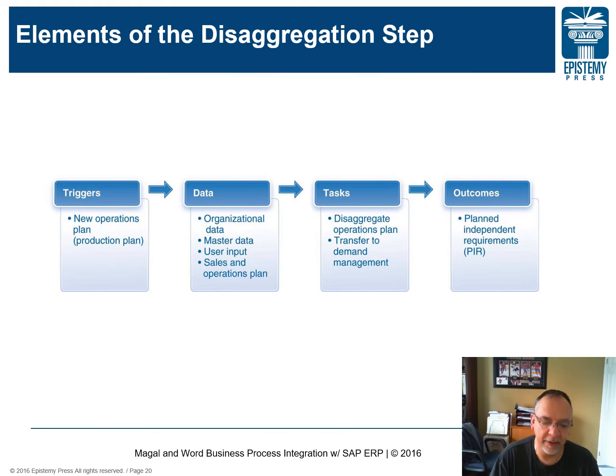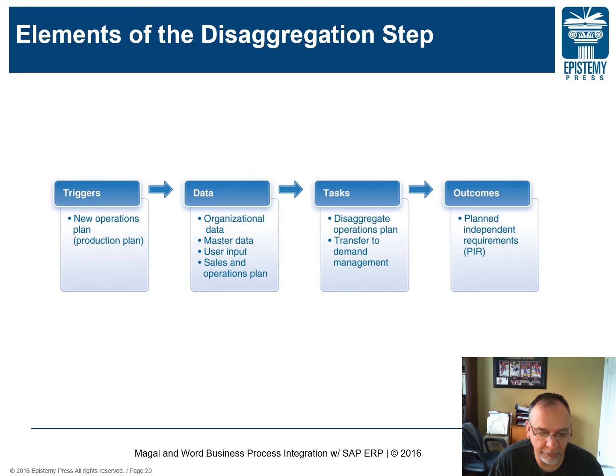Again, the disaggregated plan creates a production plan at the product group level based on what the forecast or what the demand, the operational plan was at the SOP level. These requirements must be translated for the PIRs and individual materials in the product group hierarchy.